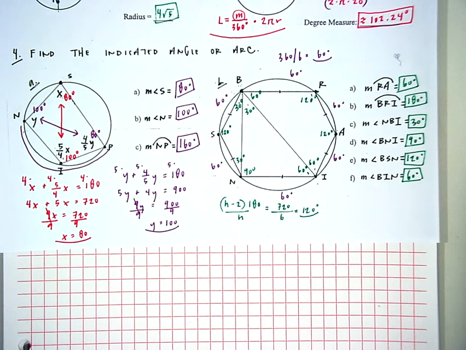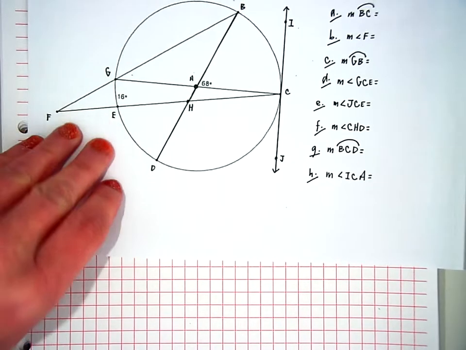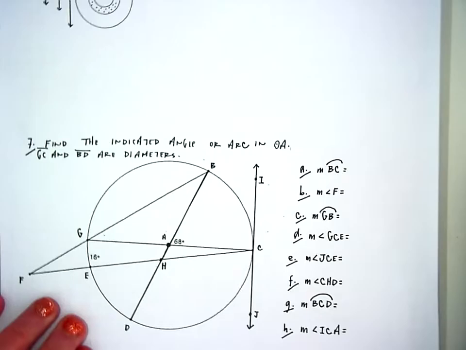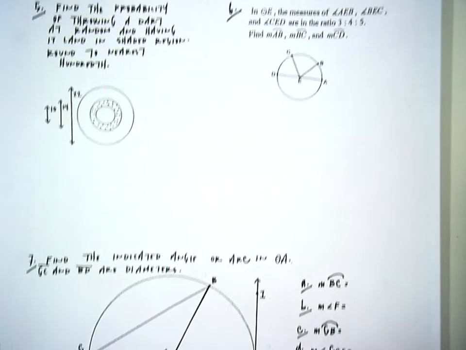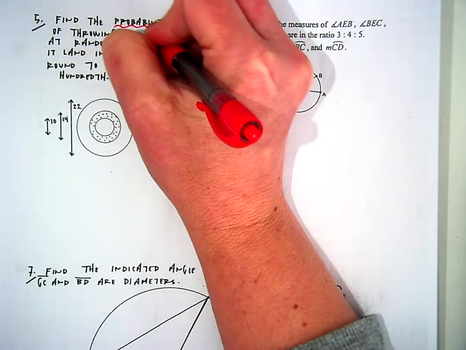All right, second page, so either flip over or bring out that second sheet. And here we go. Find the probability of throwing a dart at random and having it land in the shaded region. So here, first and foremost, I just have to think, well, it's a probability. How do I get to the shaded region?